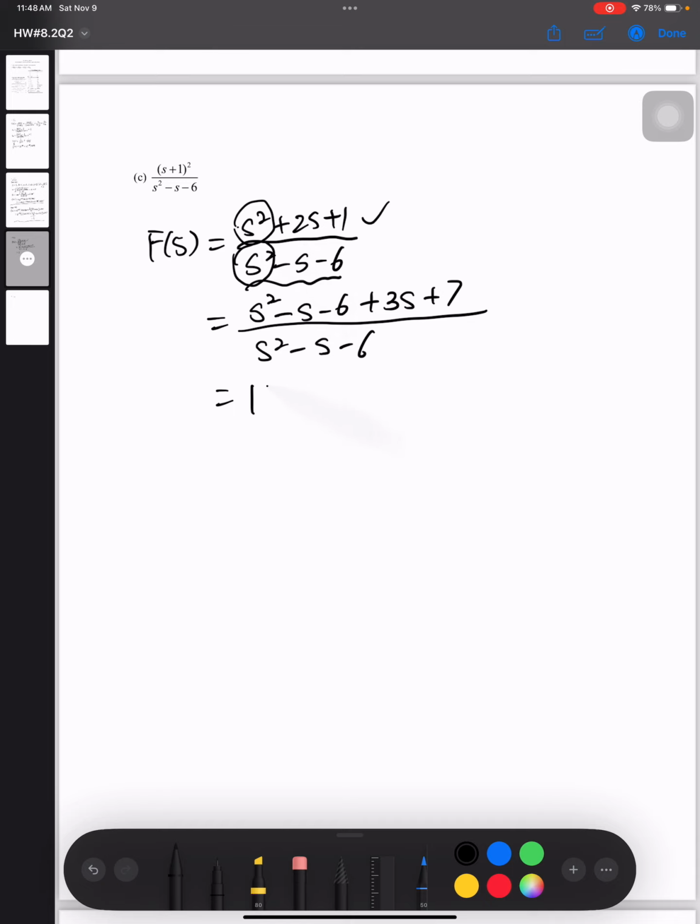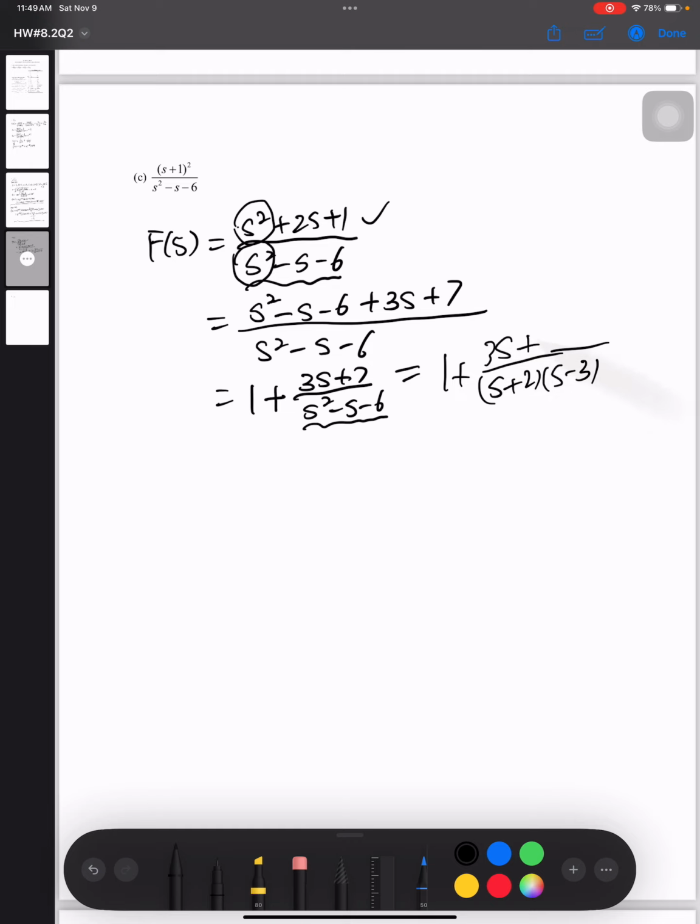So we can get a simpler expression like 1 minus 3s plus 3s plus 7 over s squared minus s minus 6, and we convert this into the multiply form, which is s plus 2 times s minus 3 in the denominator, and 3s plus 7 in the numerator.